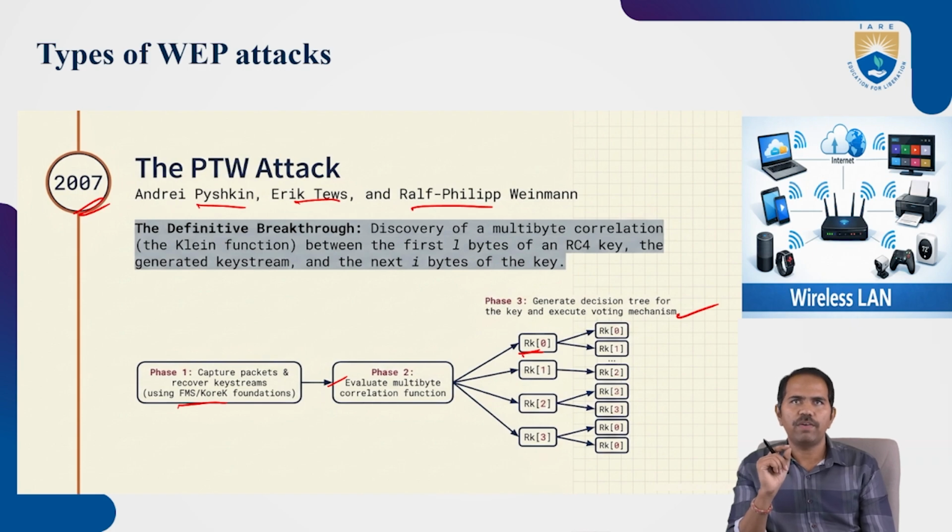So this is the mechanism we follow in the PTW attack. It is the discovery of the multi-byte correlation function between the first bytes of the RC4 key, the generated key stream, and the next byte of the key.